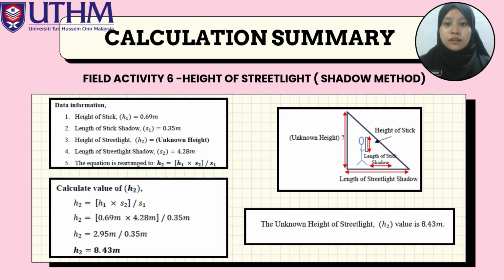After carrying out the multiplication and division, the final value obtained is approximately 8.43 meters, which represents the height of the street light.